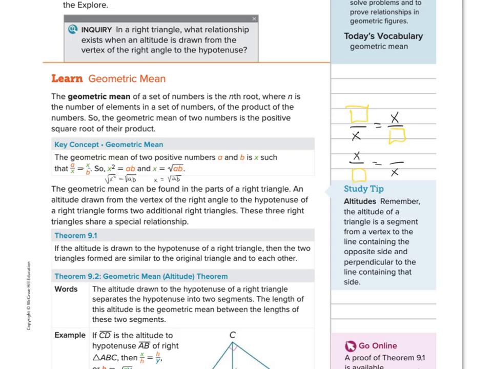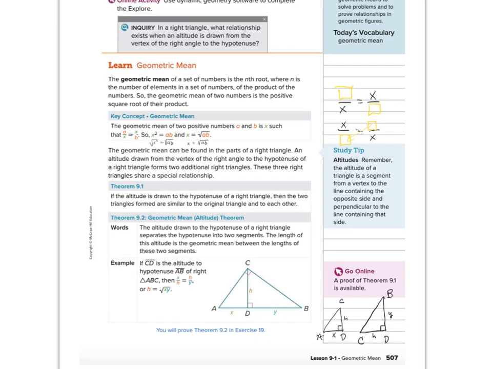This will give you the same result as long as my two values are in the cross product property locations.